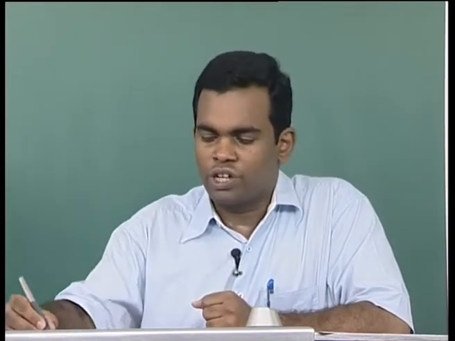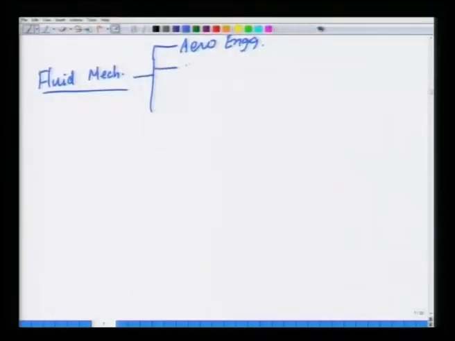Chemical engineers are of course interested in fluid mechanics because, as we pointed out in the beginning, many applications in chemical engineering involve fluid flow, and we will motivate the applications in the next few minutes.